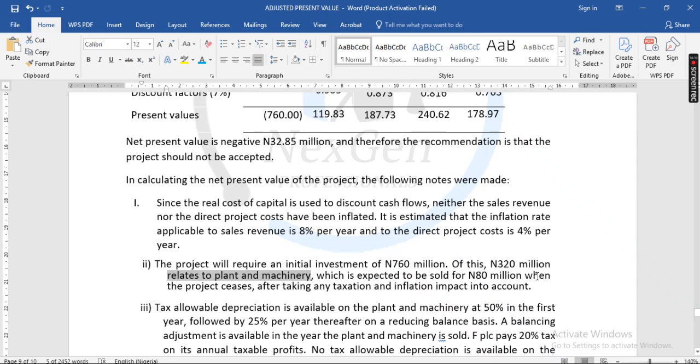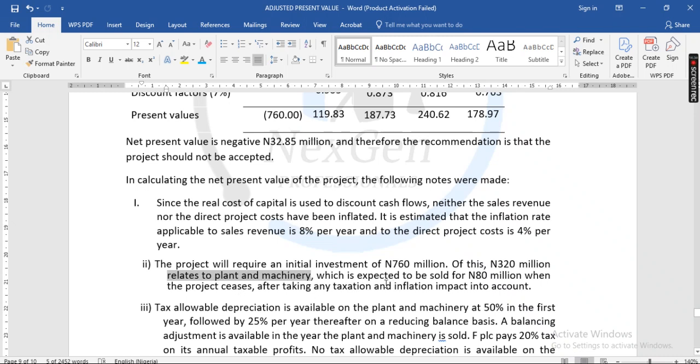Don't forget, the total investment is 760, and inside the 760 you have plant and machinery. This plant and machinery of 320 is expected to be sold at 80 million when the project ceases.